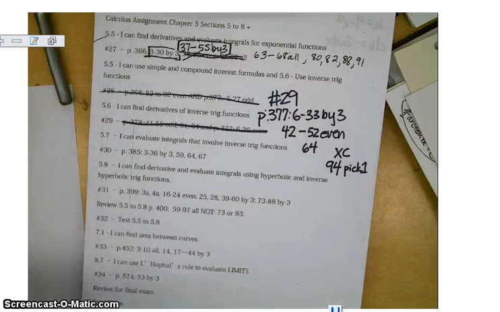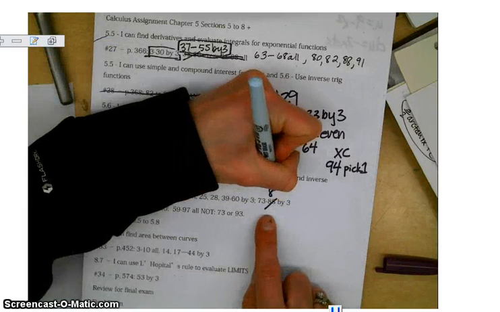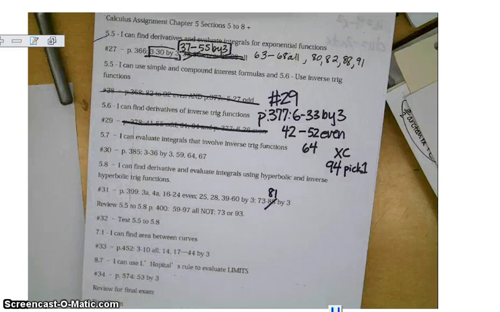I'll get rid of that and do 73 through 81 by 3. Do the rest of them? Yep.